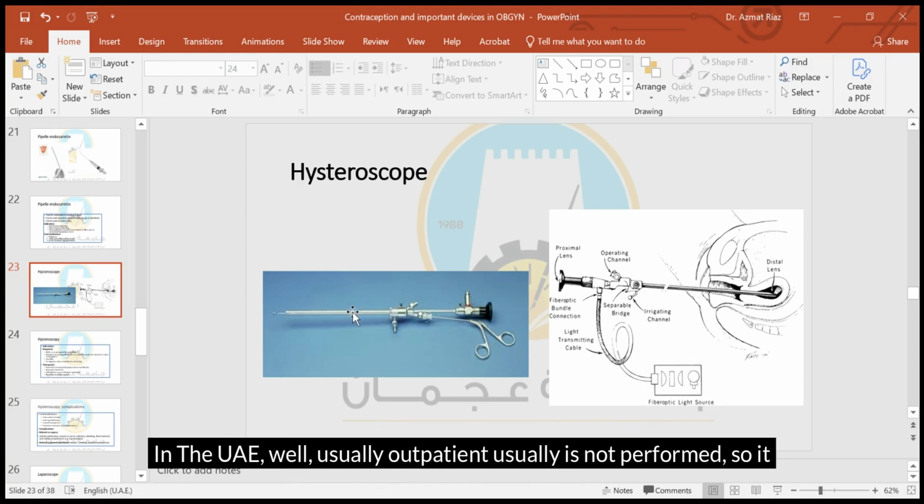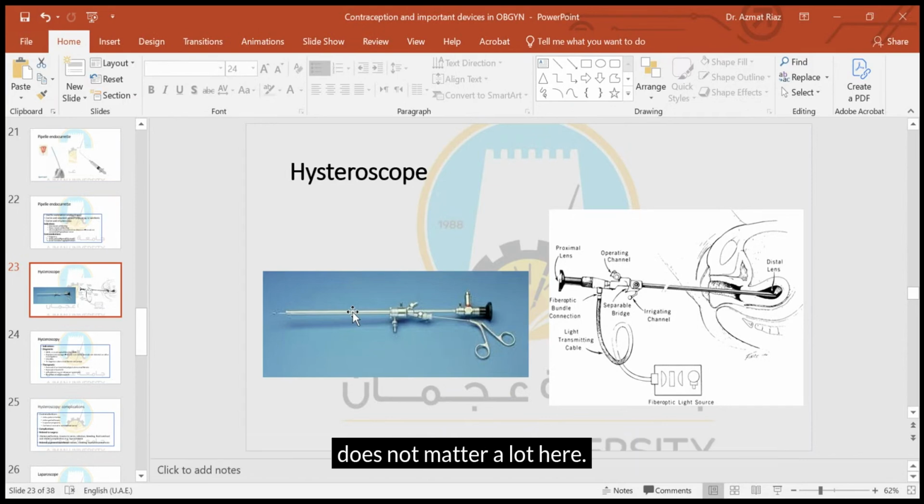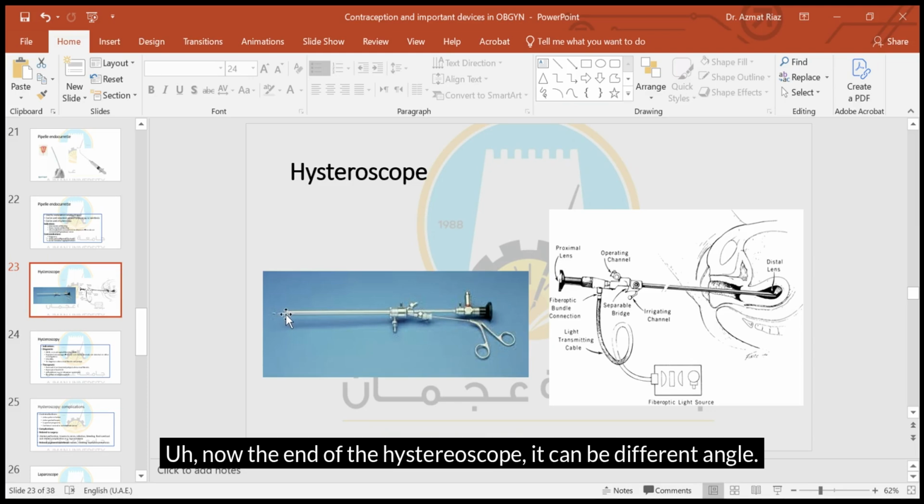In the UAE, outpatient hysteroscopy is usually not performed, so it does not matter a lot here. The end of the hysteroscope can also be differently angled, like zero degrees or, for example, 30 degrees. It matters because the angle at the distal end of the objective changes the appearance.